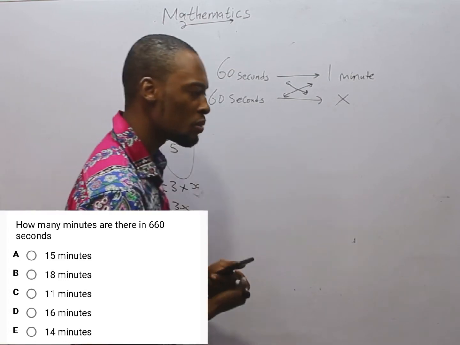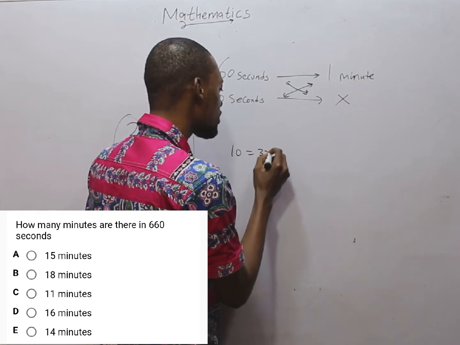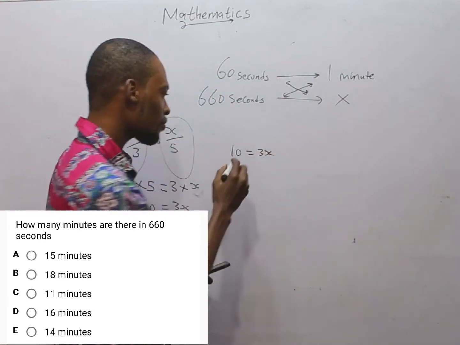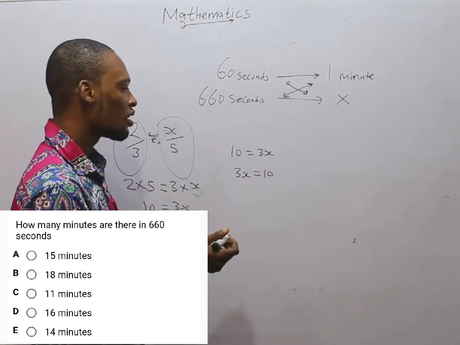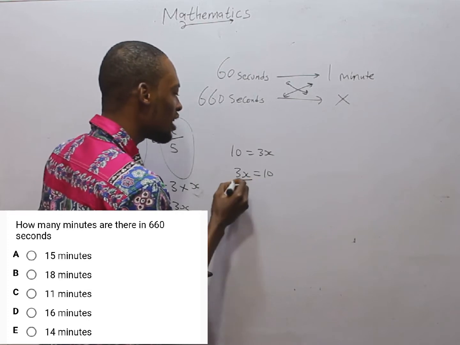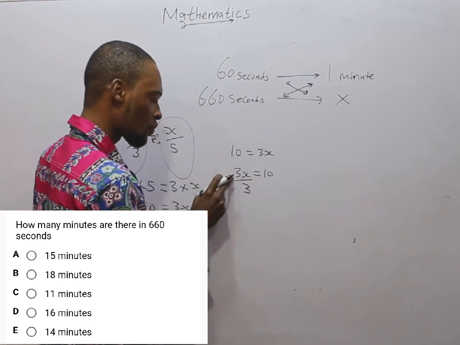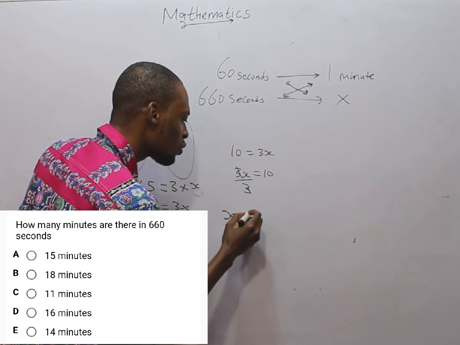Look at something you should know about equations. If I say 10 is equals 3S, it simply means that 3S is equal to 10. Now, if I'm looking for S and I say, okay, let me divide only here by 3. 3 divided by 3 is 1. You'll be left with S equals 10.